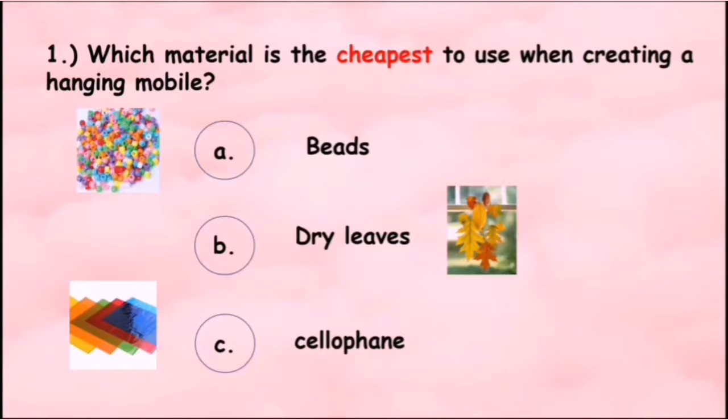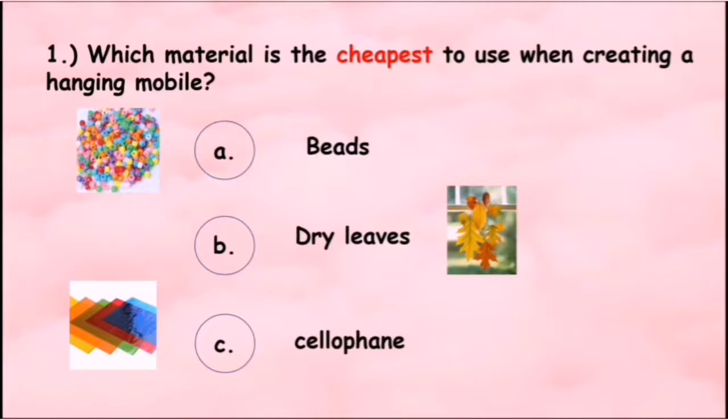Okay, so notice that A and C, these are materials that we need to buy. So we have to pay with money. How about letter B? Do we need to buy dry leaves? So, what do you think is the correct answer? Which material is the cheapest to use when creating a hanging mobile? Please shade your answer.